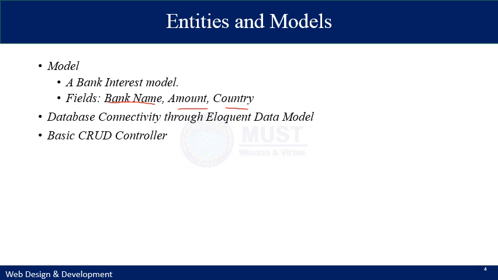And the database is connected to the application using the Eloquent data model. The controller we are going to use in this application is a basic create, read, update, and delete controller, referred to as a CRUD application.